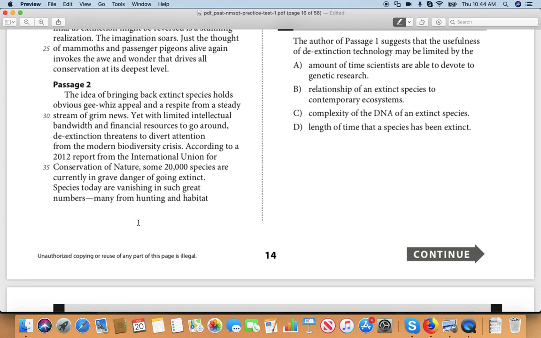This guy is arguing that de-extinction threatens to divert attention. What does it mean to divert from? To distract. Exactly. Distract attention from the modern biodiversity crisis. What does that mean? It'll distract you from what should be the primary thing. Yes, and what is the primary thing the author's saying?